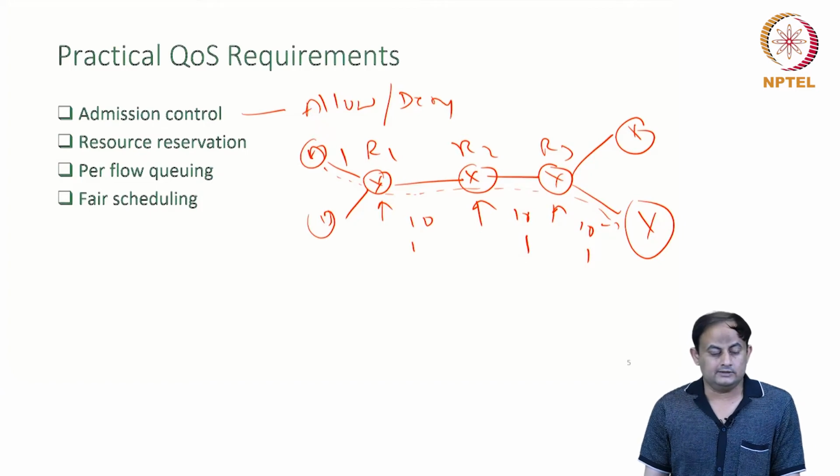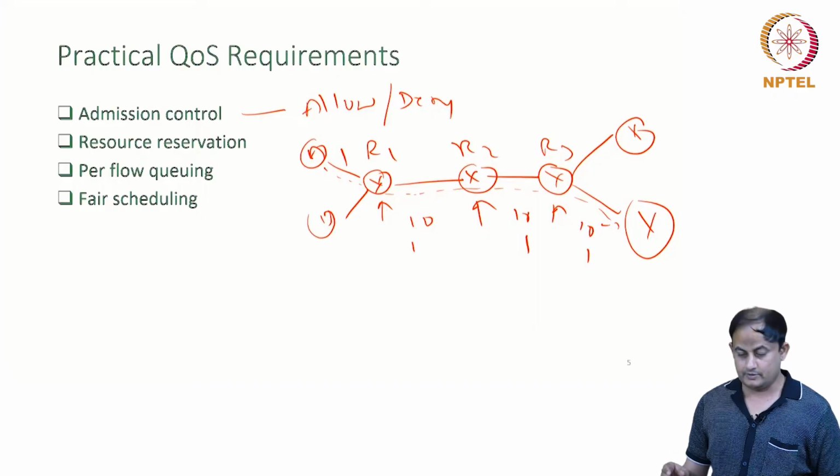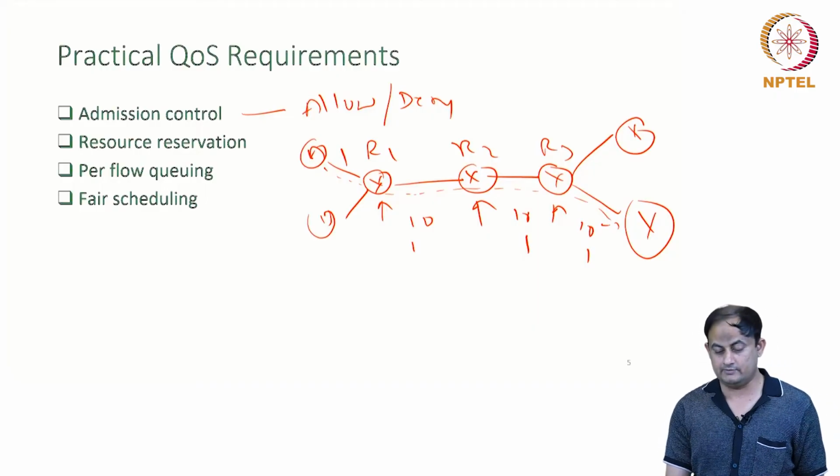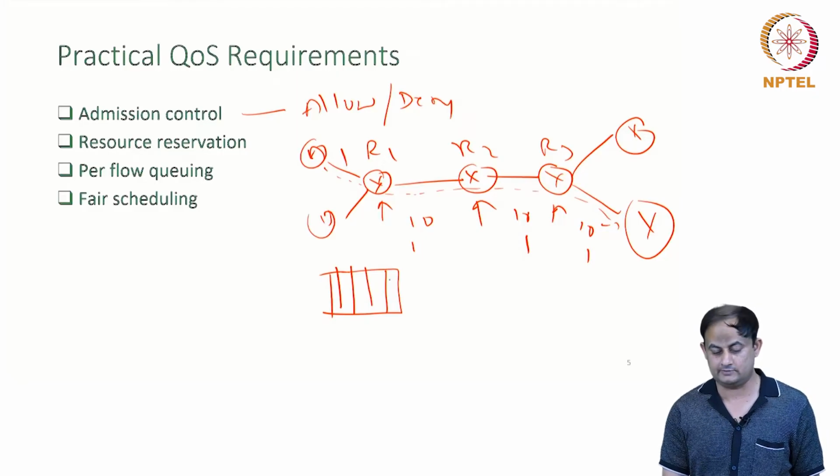And the third thing that I can do is, from the previous discussion, if you recollect, every router has got a queue. Let's say the queue of this router R1 is looking something like this. Every time A sends a packet, the packet would come on this particular link, and it will come and sit in this queue.